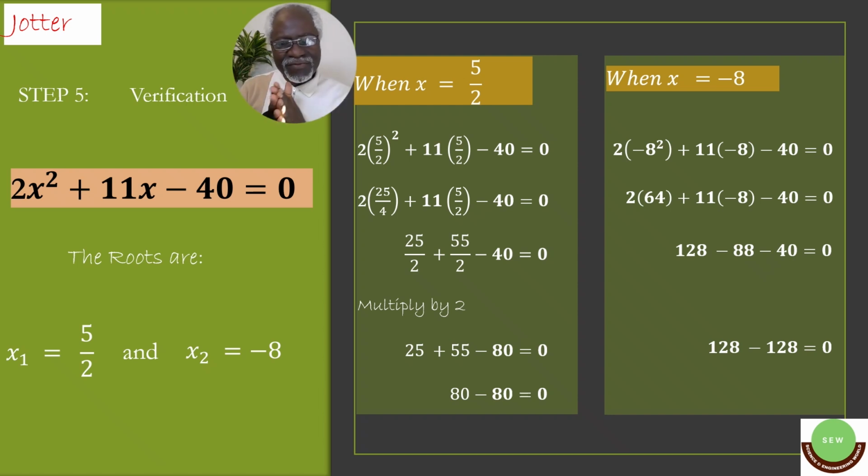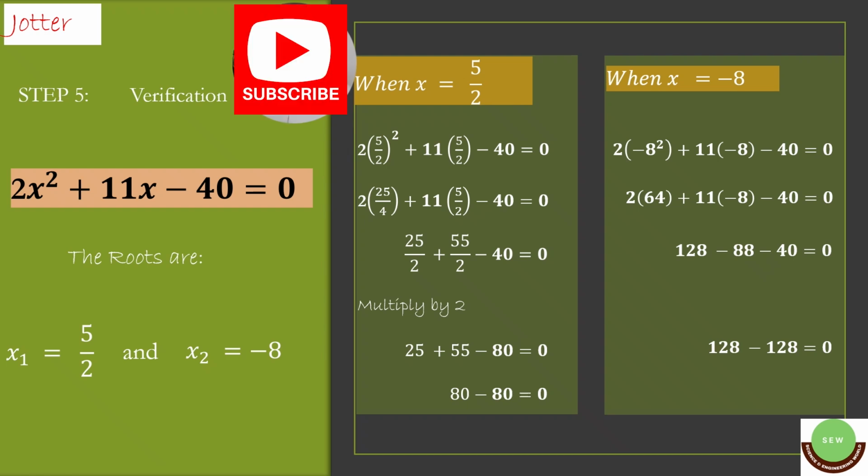However, this is just a snapshot of what it is all about, and so we've been able to verify from the past that x equals 5 over 2 and x equals minus 8 are in agreement with the equation 2x² plus 11x minus 40 equals 0.